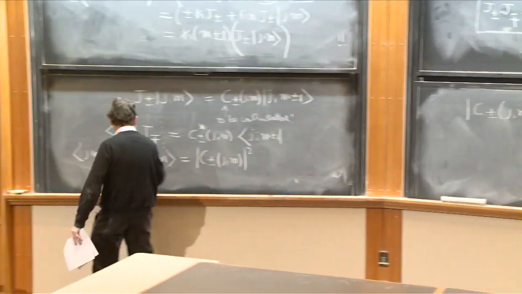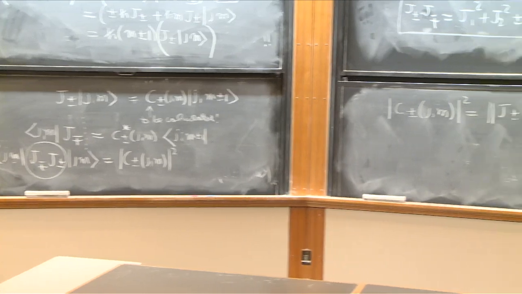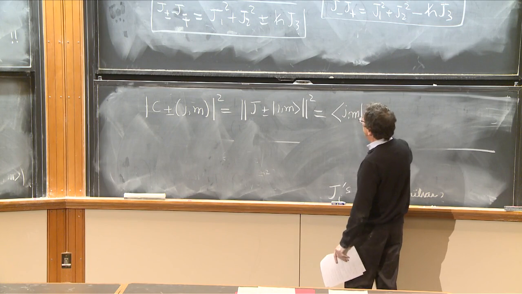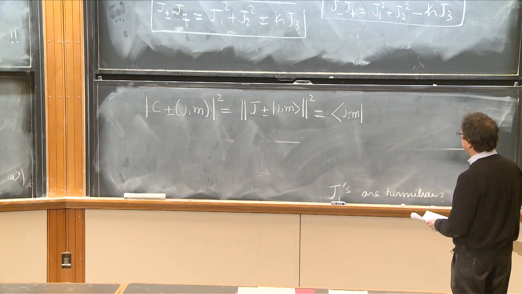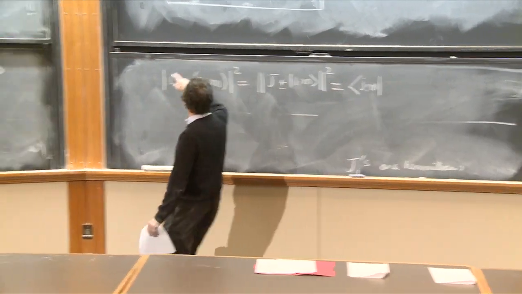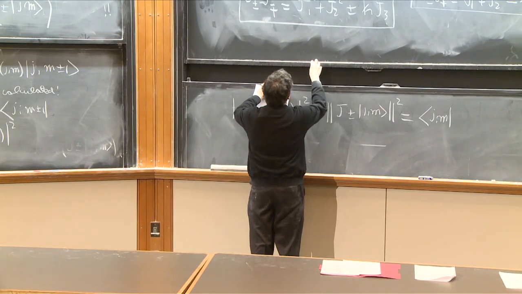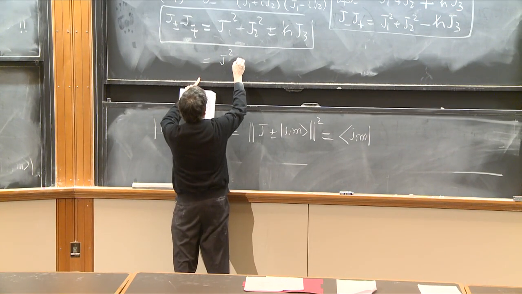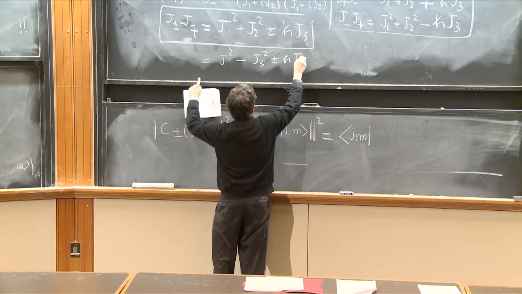Whatever this is, where you substitute that for this formula. So you'll put here jm, and I want actually the formula I just erased, because I would prefer to have j squared. So this is equal to j squared minus j3 squared plus minus h bar j3.